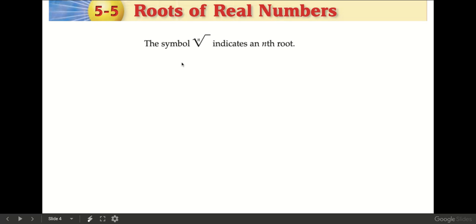The symbol here is what's known as the radical symbol. The little number here tells you what root you're taking, and this tells you that you're taking a root.